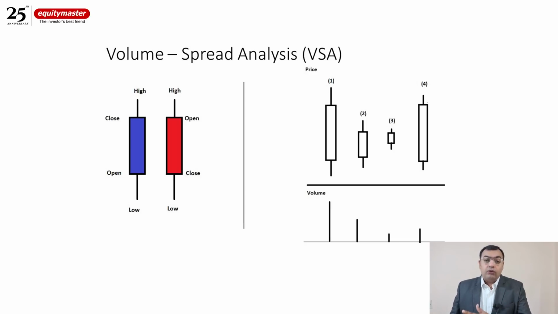I'll look for a follow-up, and if the volumes are increasing after that follow-up, yes or no. If the volumes are not increasing, then this is not a great confirmation candle for me, because even though the body is big and volume is not picking up, it was a low volume activity day. So I would slightly ignore it. You need to keep these four candles in mind when you want to do volume analysis.